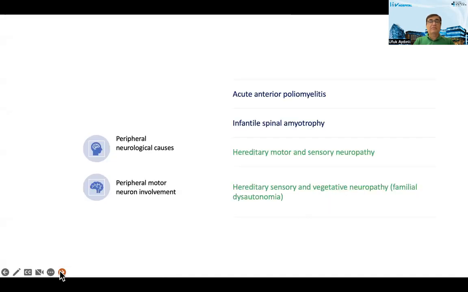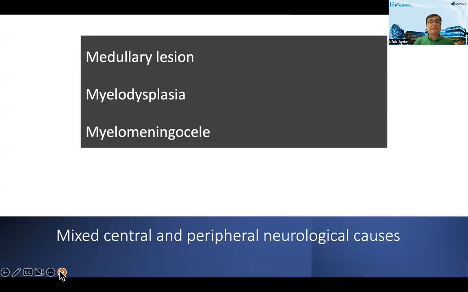If the main problem is peripheral neurological, this could be due to acute anterior poliomyelitis or infantile spinal amyotrophy. If it is peripheral motor neuron involvement, then it could be hereditary motor and sensory neuropathy, or hereditary sensory and vegetative neuropathy, which we call familial dysautonomia.